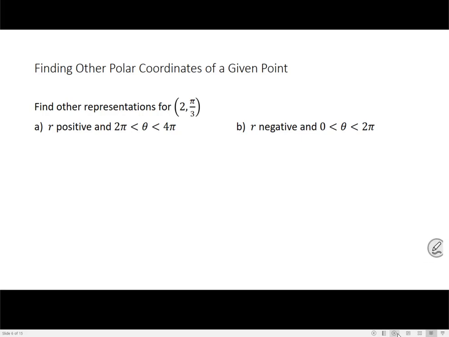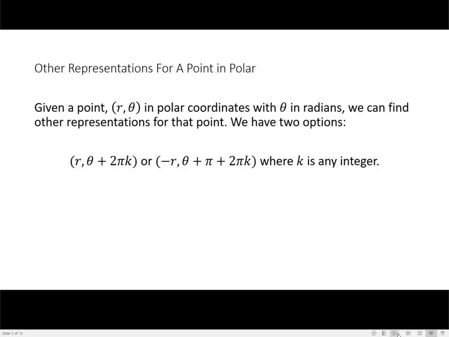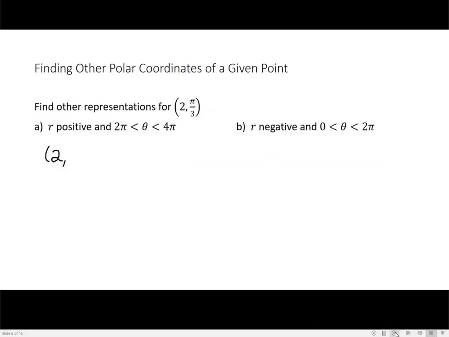So r is already positive, so I'm not going to change the sign of r. That means I'm going to use this first representation formula here, so I just have to add some multiple of 2 pi k to my angle pi thirds.